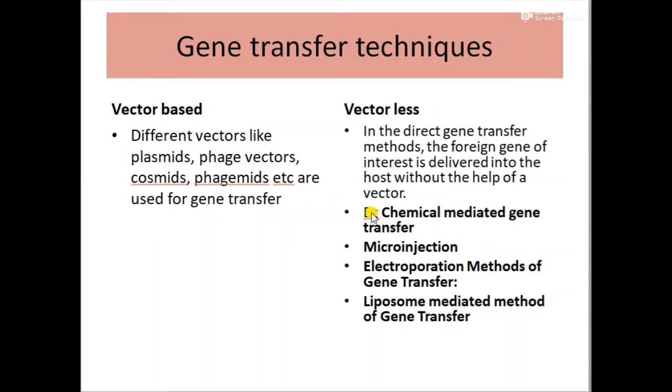So don't get confused. As far as we have vectors, we have recombinant DNA. That's what we have discussed so far. So if you intend to transfer your gene using a vector, that is called a vector-based method. And if you do not use a vector and you want to transfer a gene of interest into something else, that is called a vectorless method.